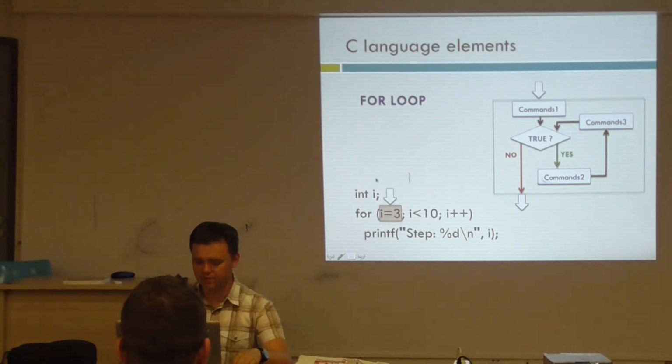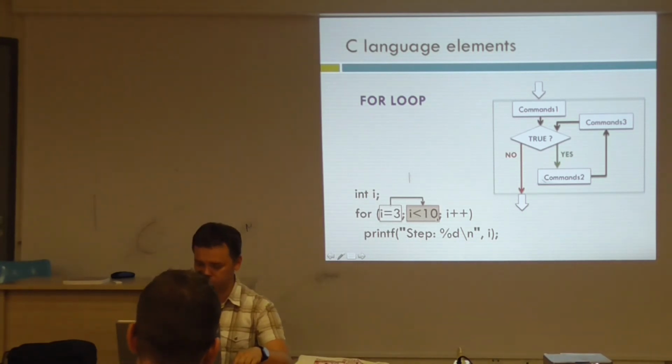So you can see first, in the for, we can put 3 into the i variable, then we can check if it's less than 10 because it's true. So we can process this command that is managed by this for. So we will see the value of this, so we will see 3. Step 3.